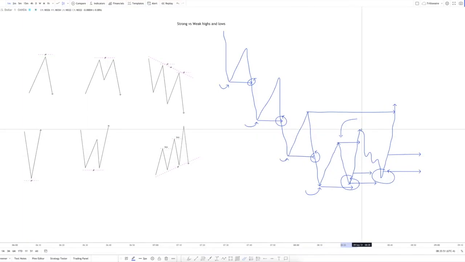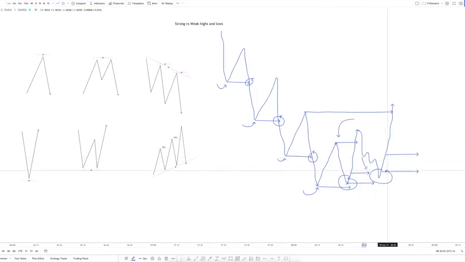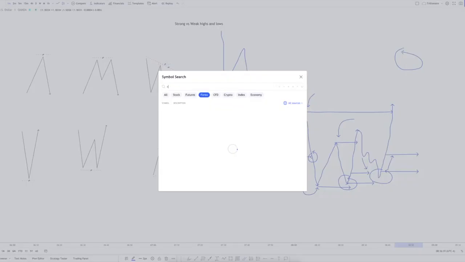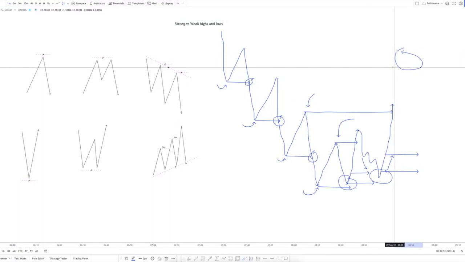We would transition to substructure, okay? Back into substructure after we have this minor structure break, and then back into minor structure. So you'd be taking advantage of the transition from minor to substructure to hopefully break swing structure and create new highs, right? That is the anticipation behind this entire schematic.